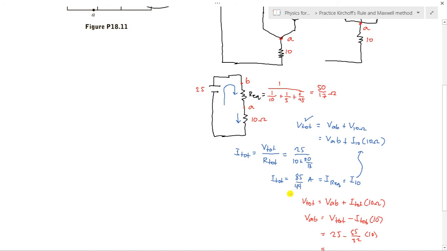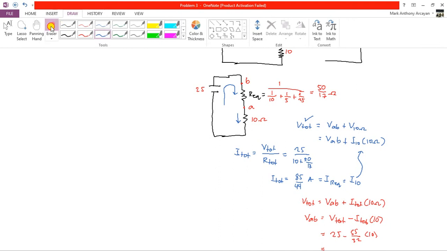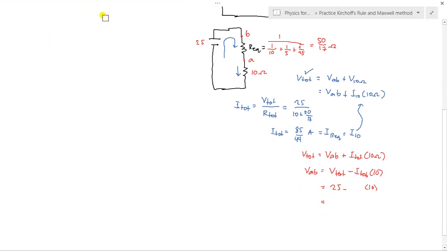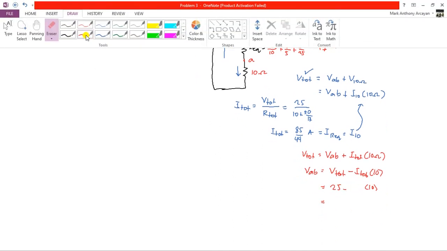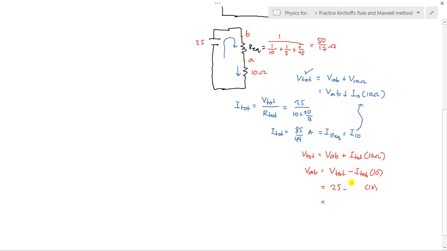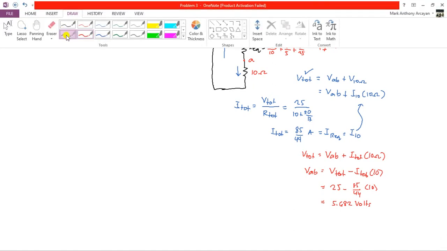Therefore, it is different now. When I solved it, the answer was different, not 5.6 something. It should be the same. So the result here is 25 minus 85 over 44 times 10. The answer is 5.682. So the voltage here is 5.682 volts, the same as what we got earlier.